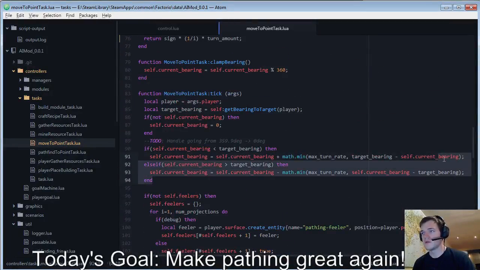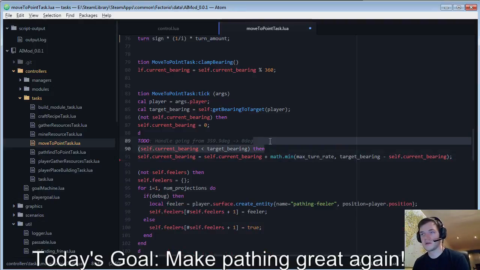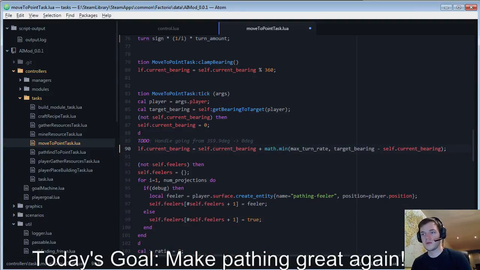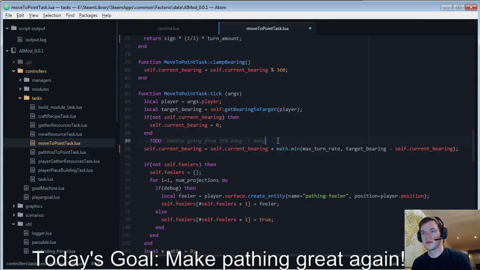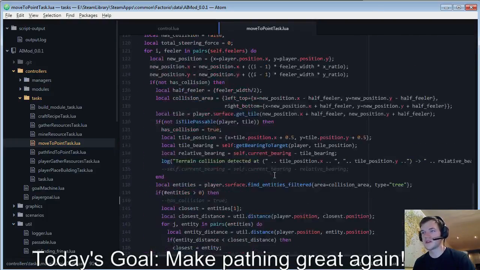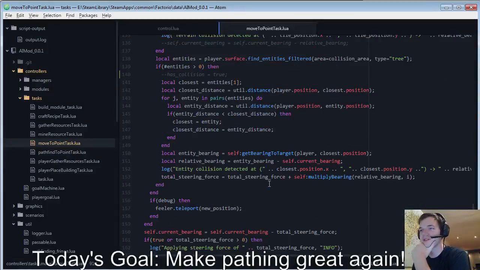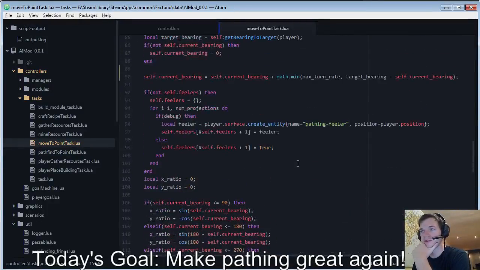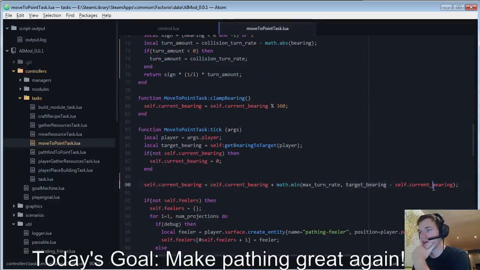So let's just do this. And hopefully this will handle that case. So now, whatever the difference is, okay, so let me just double check, because if I get this backwards, then he's going to turn the wrong direction. Okay, so entity minus self is what I'm looking for. Yeah, entity minus self. Okay, great. So that should be right.